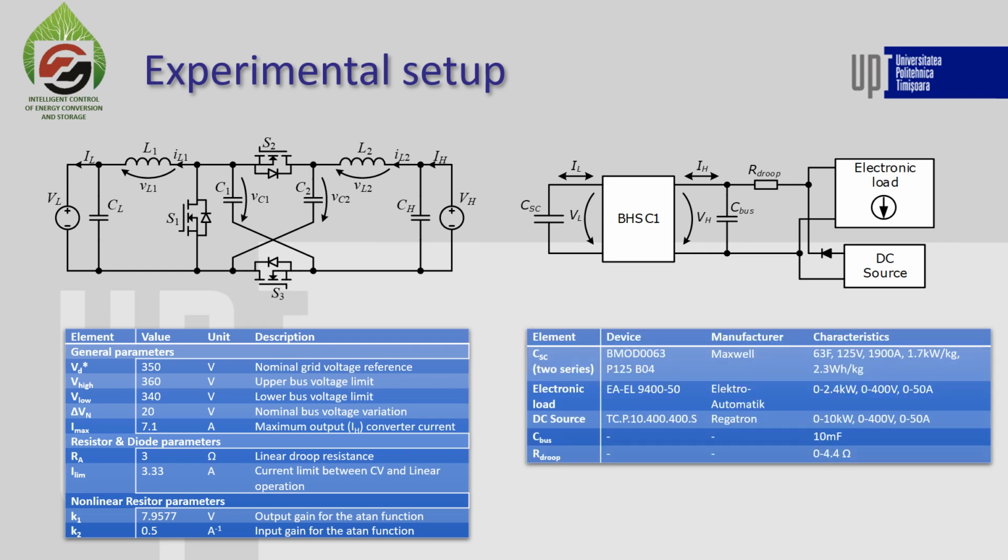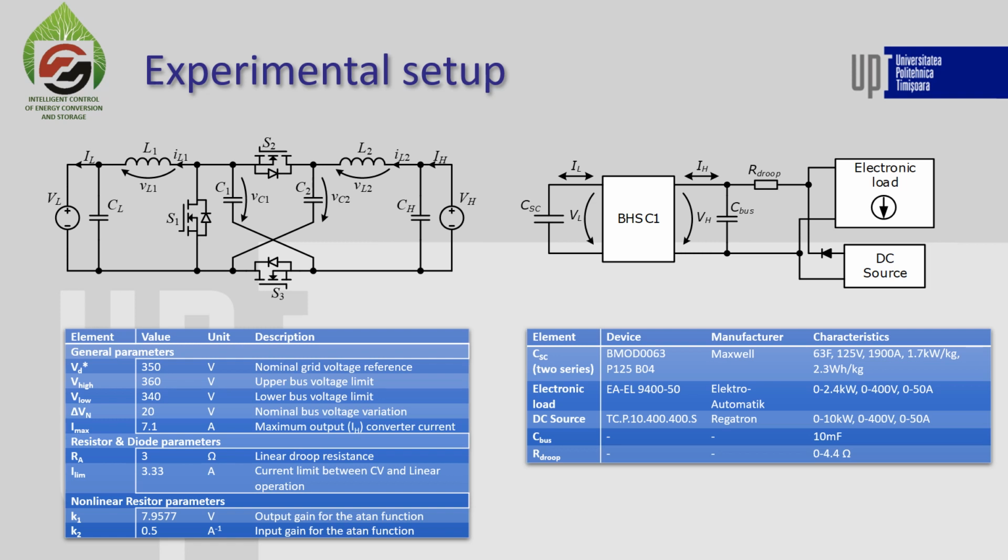The specifications of the equipment used in the test setup are presented in the next table, and here we can see that the supercapacitor has a capacity of 63 farads with a maximum voltage of 125 volts. We have an electronic load with a maximum power of 2.44 kilowatts and a DC source with a maximum power of 10 kilowatts.